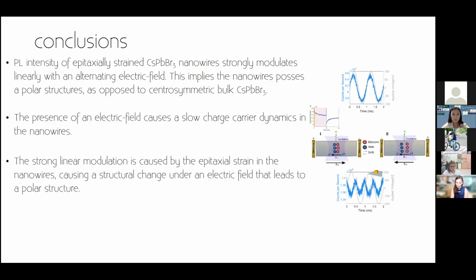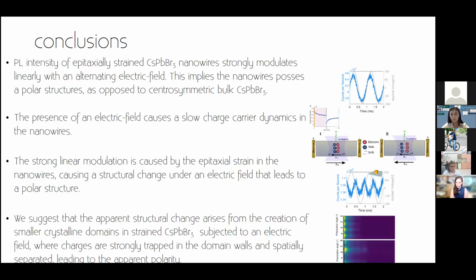And the strong linear modulation is caused by the epitaxial strain, which shows us how important strain is in these materials and their incorporation into functional devices. And this caused a structural change under the electric field that led to the polar structure. According to the Raman results, we suggest that the apparent structural change arises from the creation of smaller crystalline domains in the strained nanowire that was subjected to an electric field, separating the charges and causing the apparent polarity.